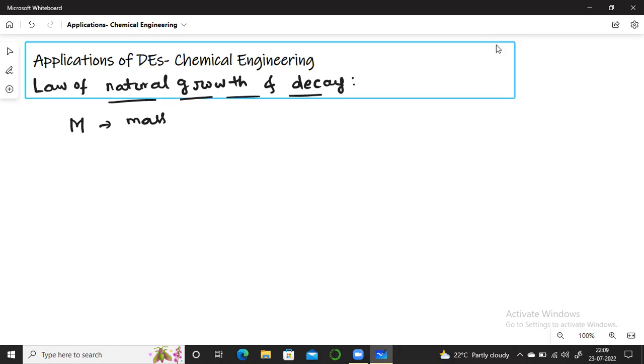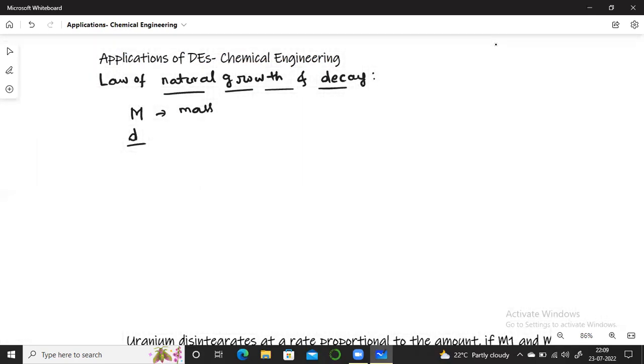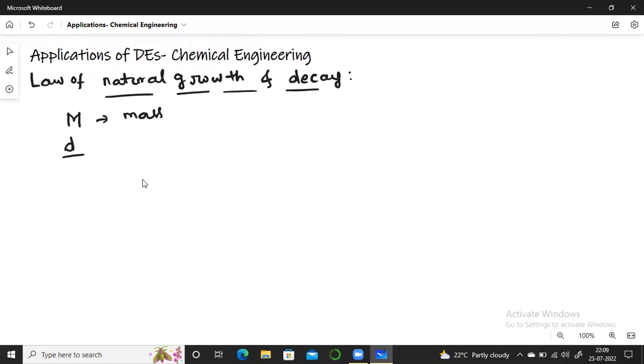Now the concept is that the mass of the body will vary with respect to time. So d by dt on m means with respect to time the mass of the body will vary. How will it vary?